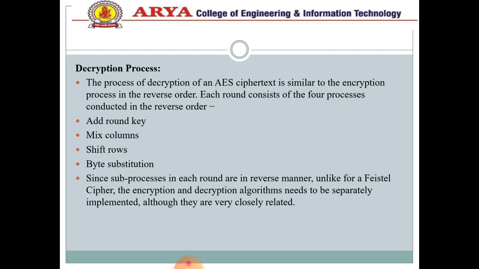So we see that decryption is done in the reverse manner. The last step of the round process is applied first. Since the sub-processes in each round are in reverse manner, unlike for a Feistel cipher, the encryption and the decryption algorithms need to be separately implemented, but they are closely related.